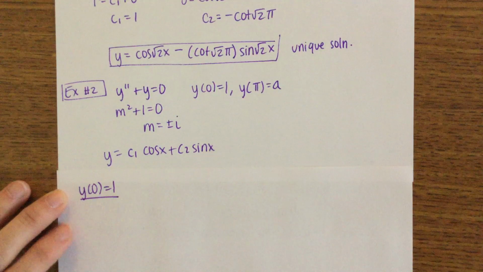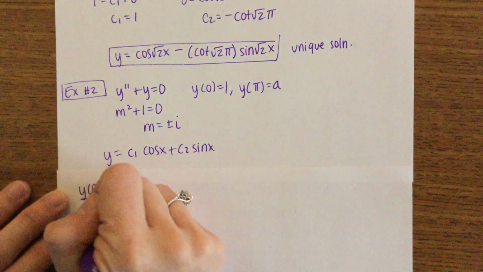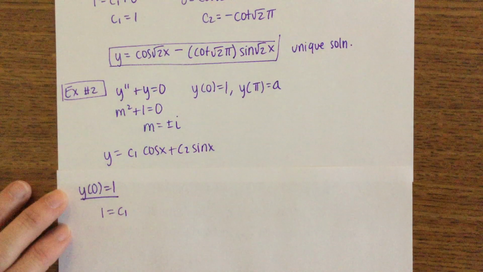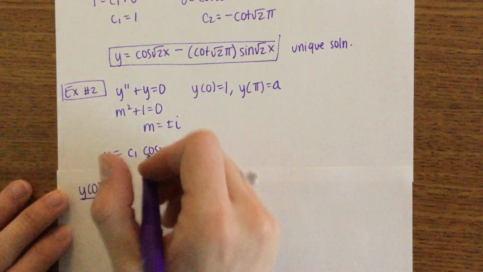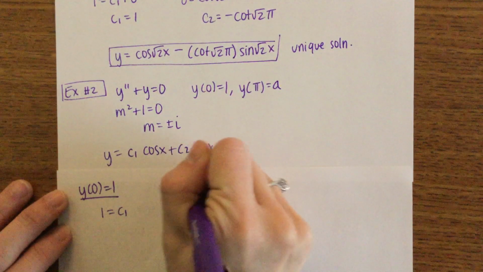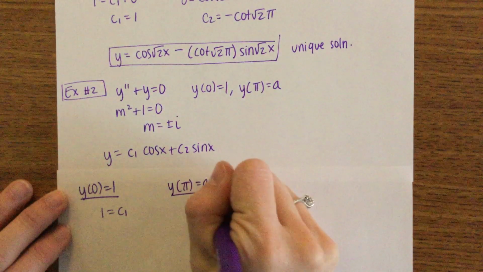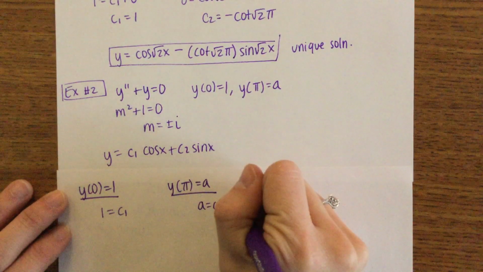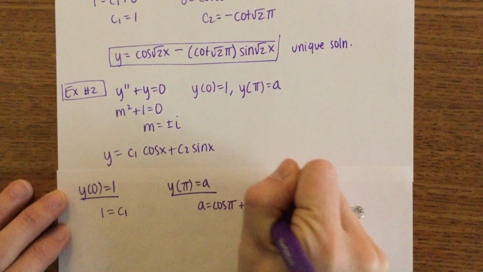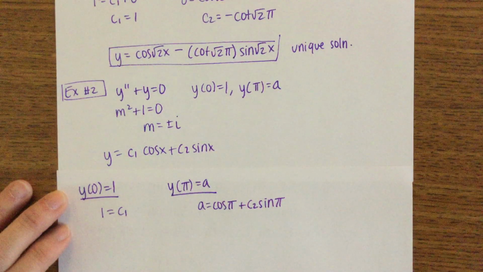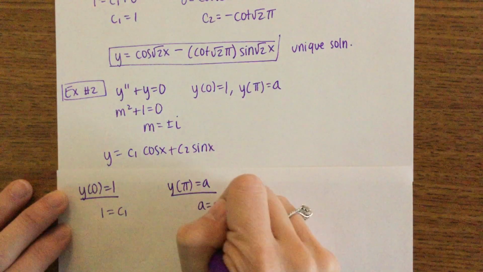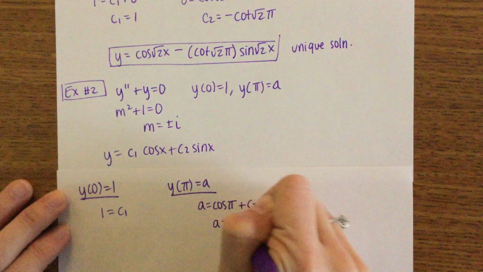If we look at y of 0 equals 1, we get 1 equals c1 again. y of pi equals a. We get a equals cosine of pi plus c2 sine of pi. Now, sine of pi is 0, so we get a equals cosine of pi.